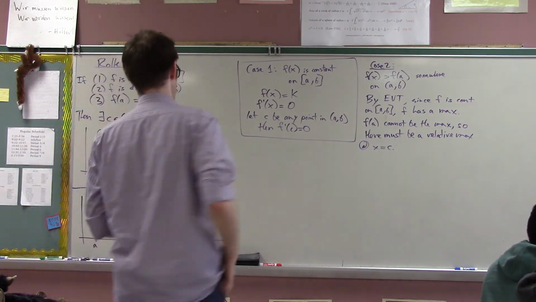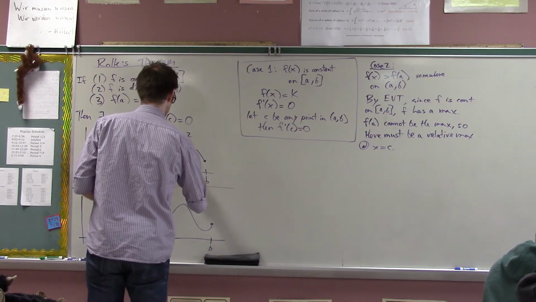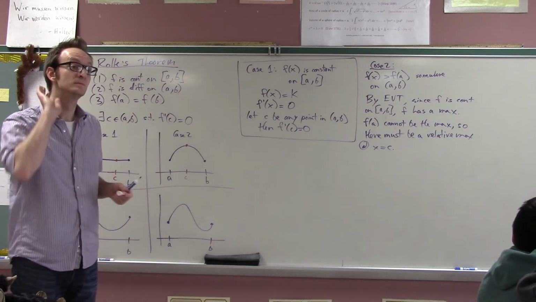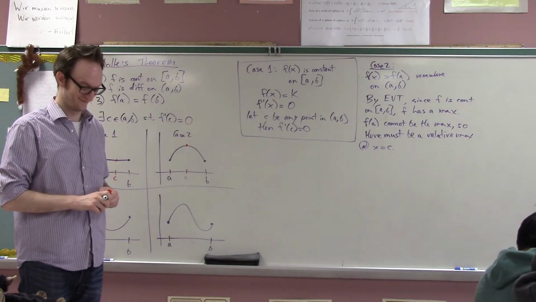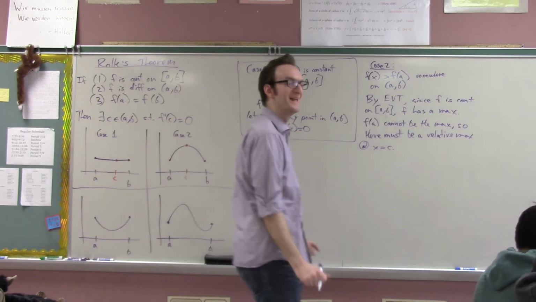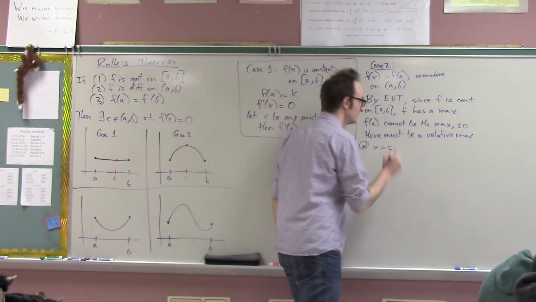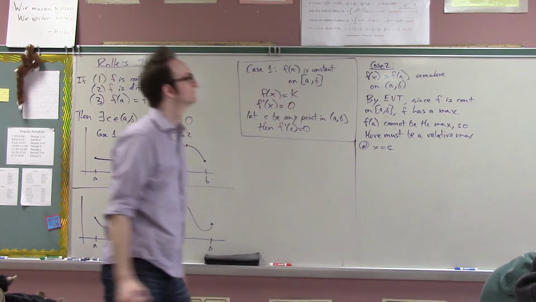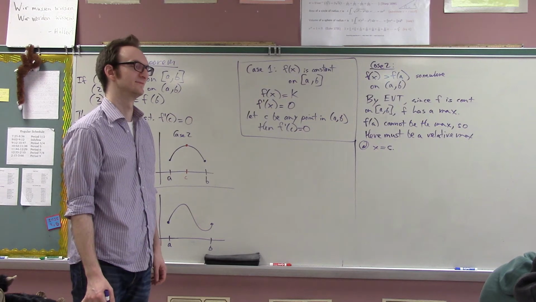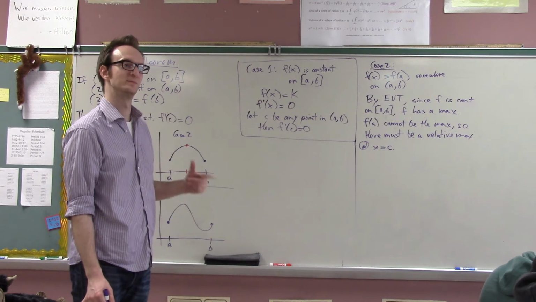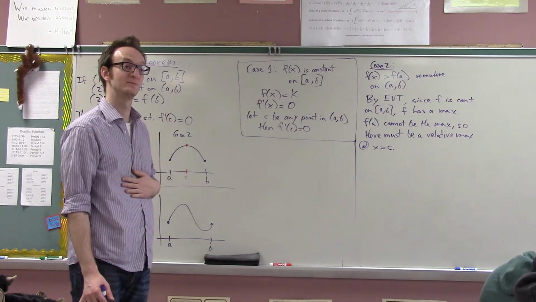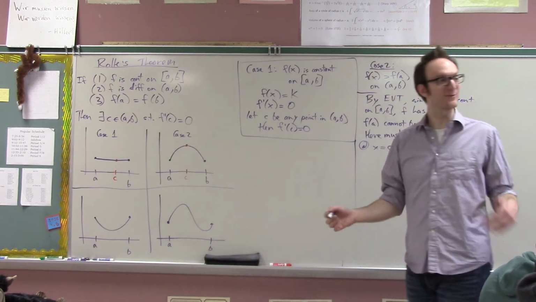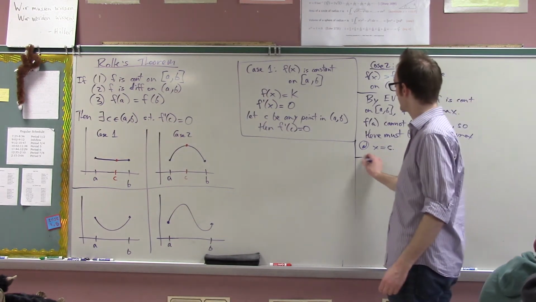So if there must be a relative max at x equals c, then what can I say about that relative max? Now, somebody. Okay, too slow. There's a relative max. What's my goal? What am I trying to do? Then the derivative is 0. Why? Yeah, because of Fermat's theorem, right? That's precisely what Fermat's theorem tells me.